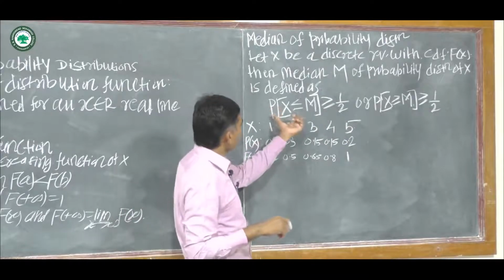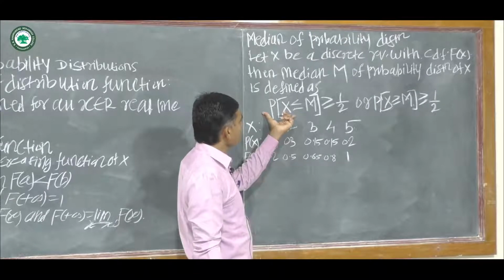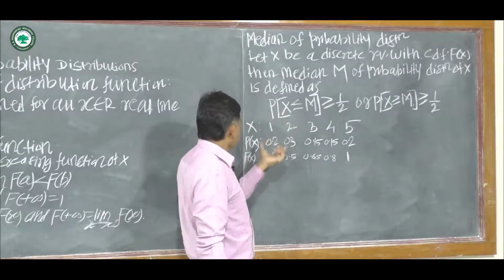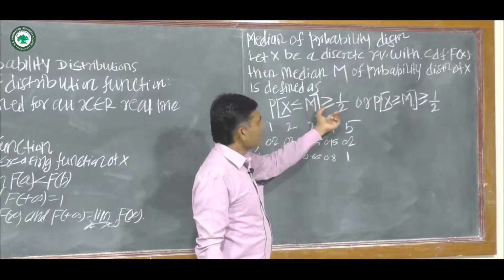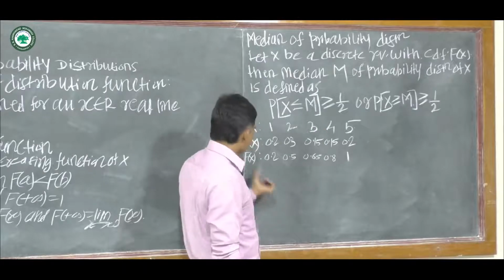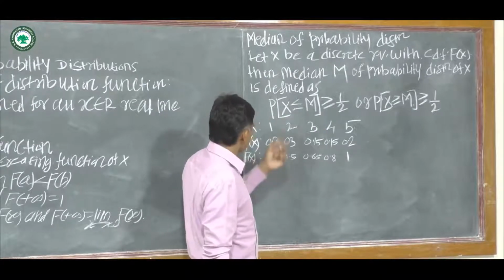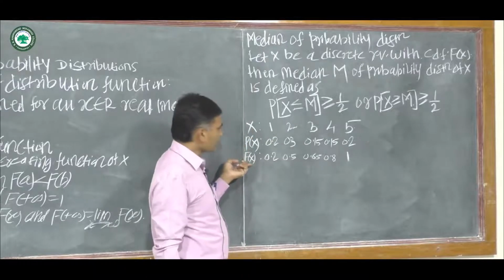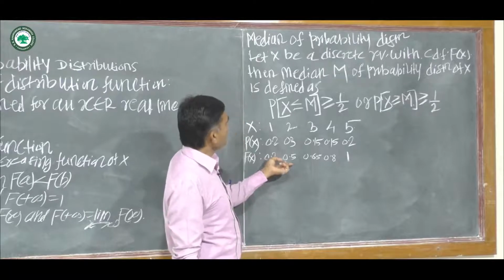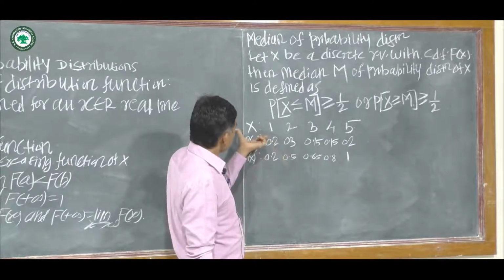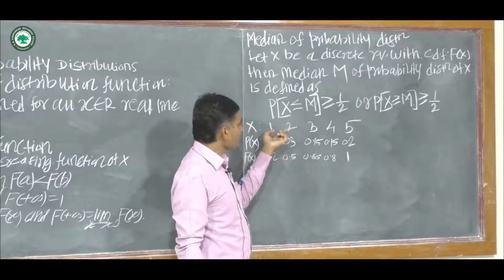By the definition, the median is the value of the random variable at which the distribution function is greater than or equal to 1/2. Here at x equal to 2, the value of the distribution function is 0.5. Therefore, the median of random variable x is 2.